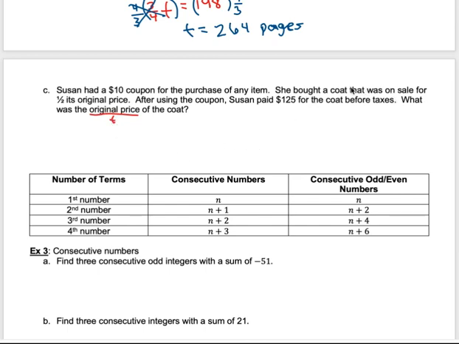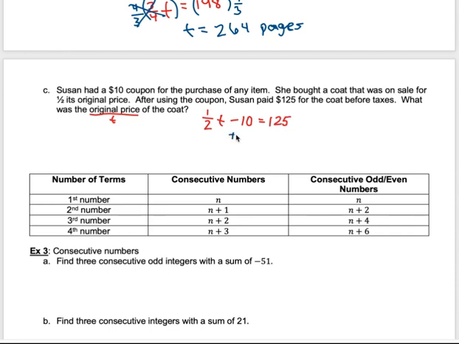Now she bought a coat that was on sale for half of its original price. So I have half, and then we're letting the original price be T. And she also has a $10 coupon. So I'm going to subtract off that $10. And that equals the $125 that she paid. So I can solve this equation now.